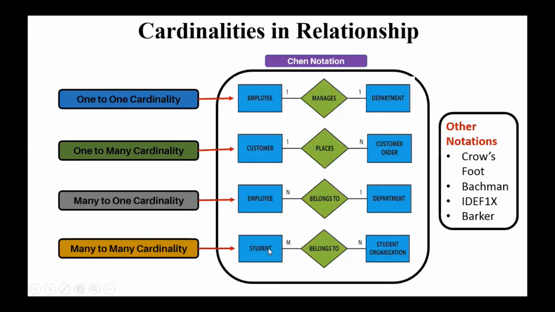Suppose in an M:N relationship, one student can register for multiple organizations, like the sports committee and the cultural committee. But if you take the sports committee, there can be multiple students. Hence, this relationship is known as an M:N relationship.